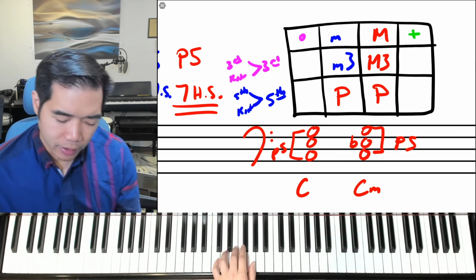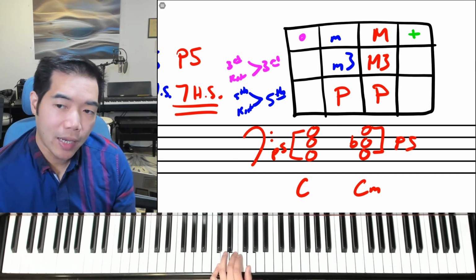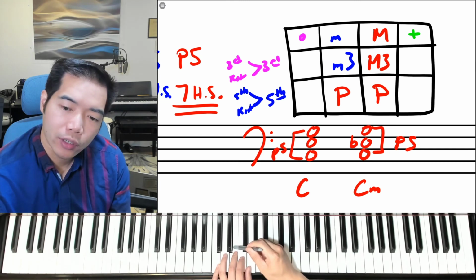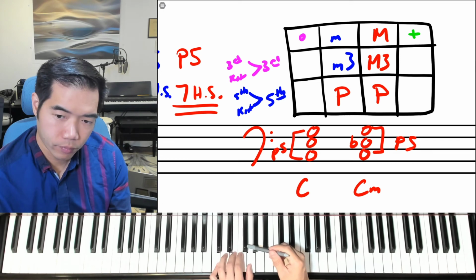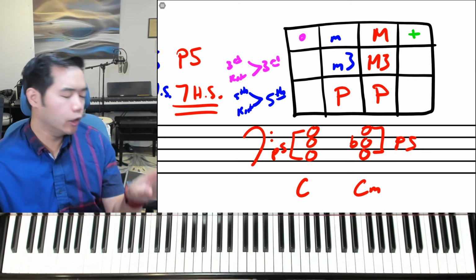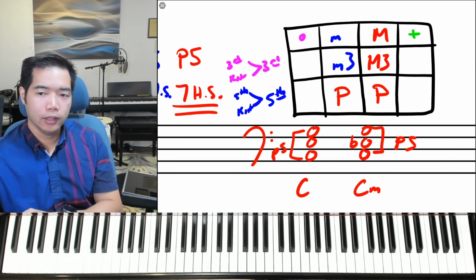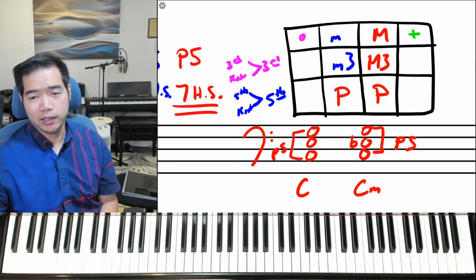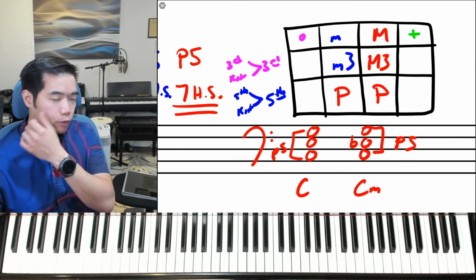Case in point, let's play a C major triad, C, E, G. To make that into a minor triad, all we need to do is lower the third a half step. So by just changing the middle note, you're changing the quality from major triad to minor triad. So again, the perfect fifth is always going to exist. In every single minor and major triad, you're always going to have a perfect fifth between the root and the fifth of the chord.